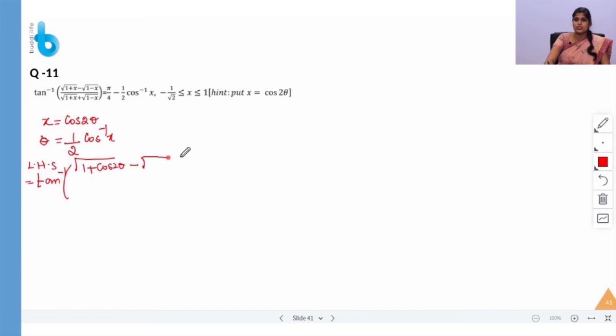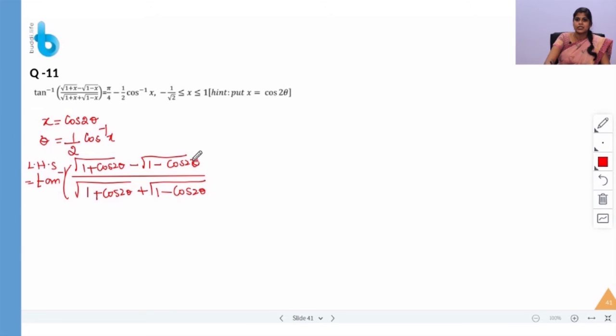Okay, 1 plus cos 2 theta, we know we have an identity that it is 2 cos square theta. Now, this value is only for 1 plus x. But we have square root for this term in the left hand side. So, if I take the square root, the square root and the square in the cos function will get cancelled, which will be equal to root 2 cos theta.